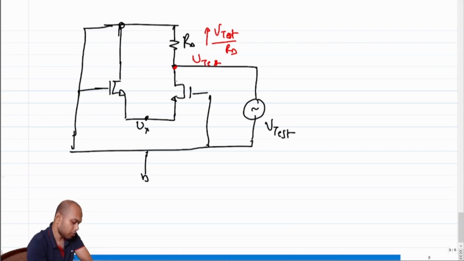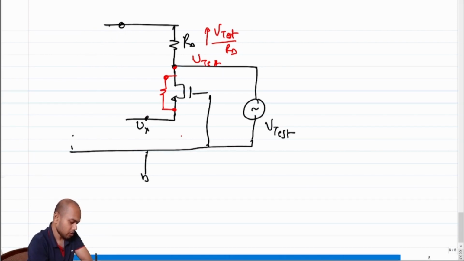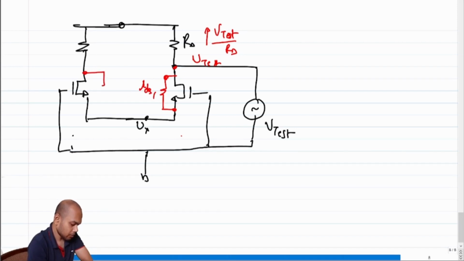So we'll have to put back the resistances. Let's call this RDS1. Let me take some extra space because otherwise I'll not have place to accommodate all the components. We'll have here RDS2.